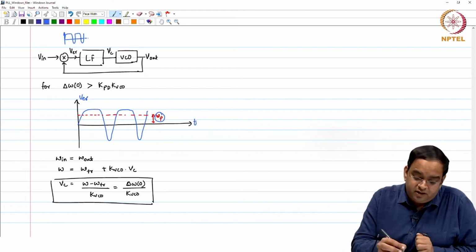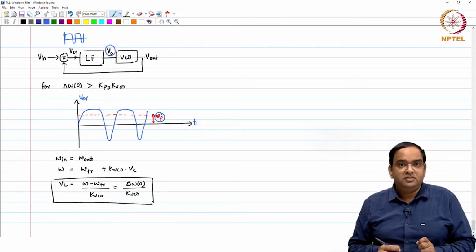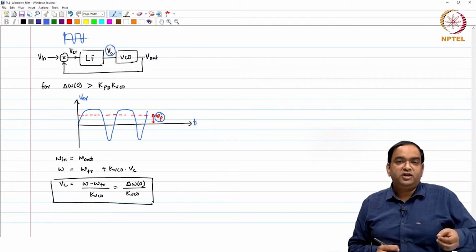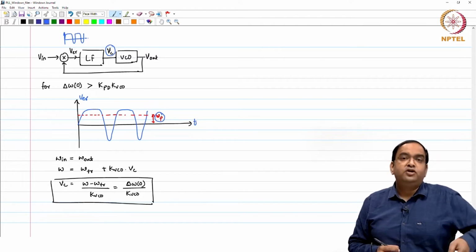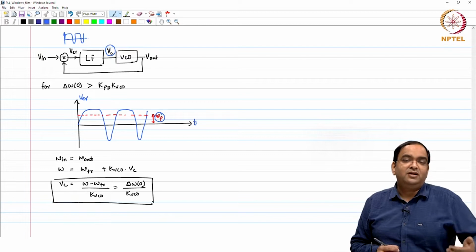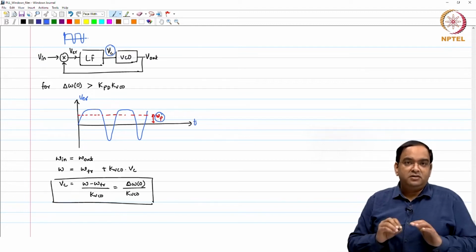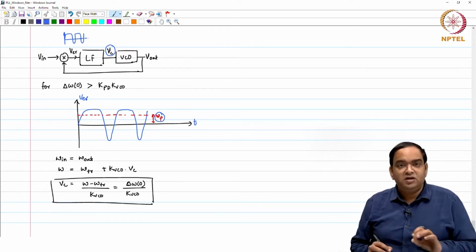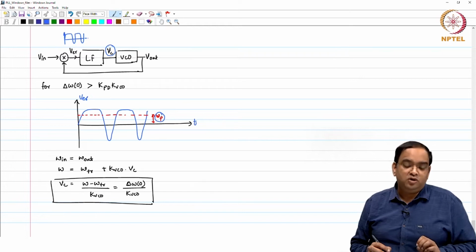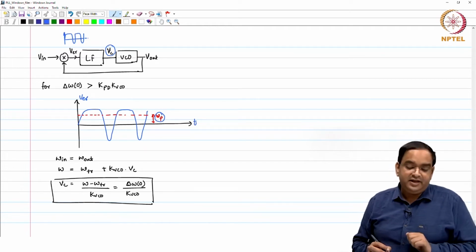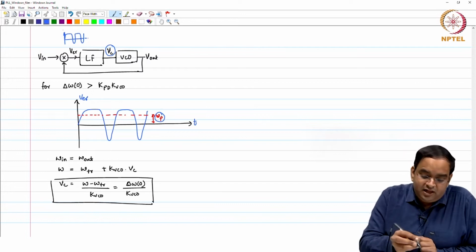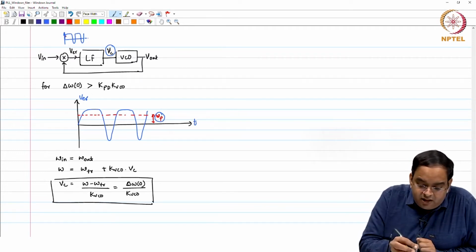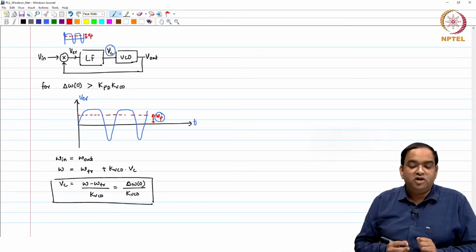So, if I want to increase the control voltage, in steady state you need a DC control voltage which is large enough for the PLL to lock. If that is the case, then one can think, oh, I already have some DC value which is non-zero.